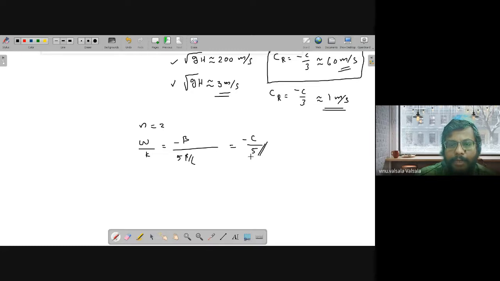They will propagate at 1/5 of the speed, but in the west direction. So these are called higher modes. n equal to 2, 3, 4, you can go like that. So there are various meridional mode Rossby waves always propagating in the westward direction. Minus c by 5 is n equal to 2, and n equal to 3 is c by 7. Like that it will go.